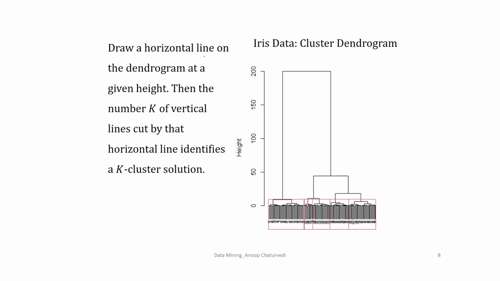We draw a horizontal line on the dendrogram at a given height. Suppose you draw a horizontal line at this height, then you get this cluster, and then you have this cluster, this. So, ultimately you get a number of clusters.